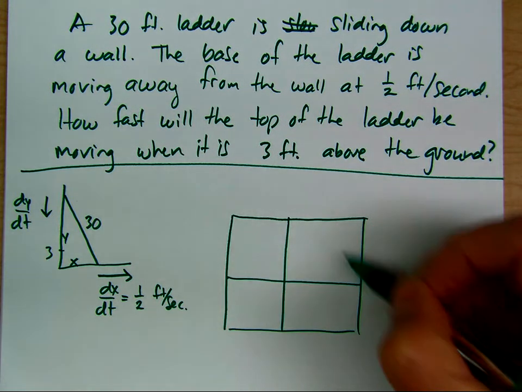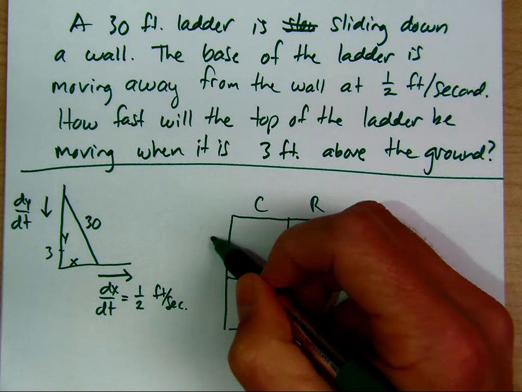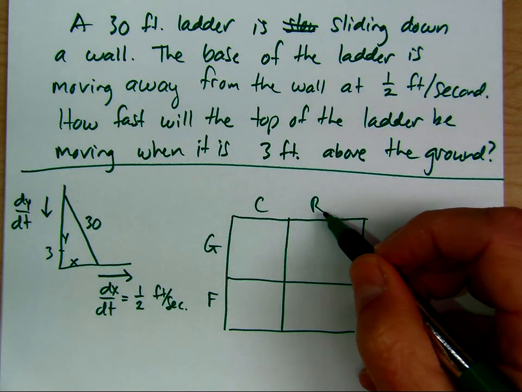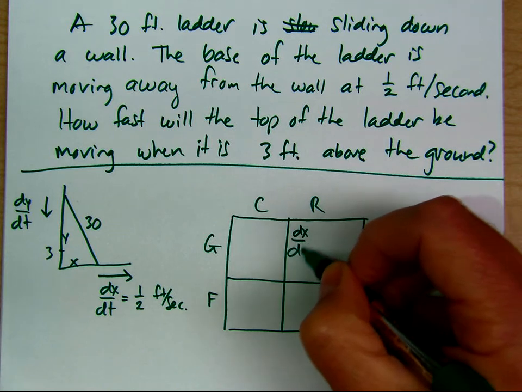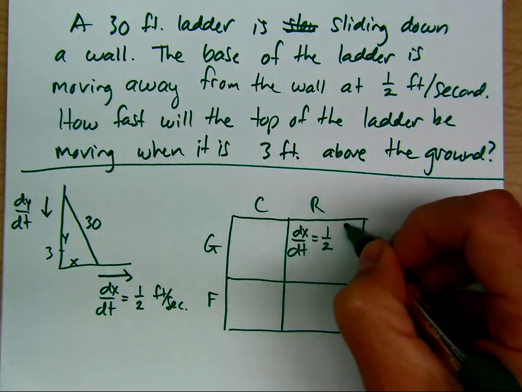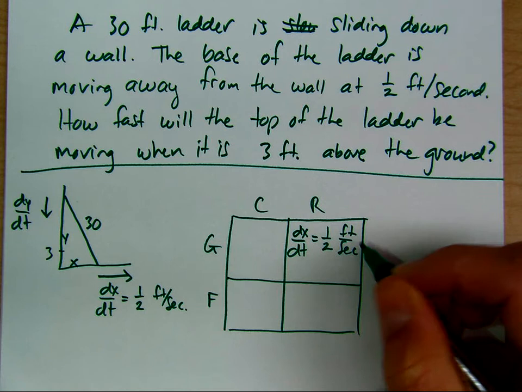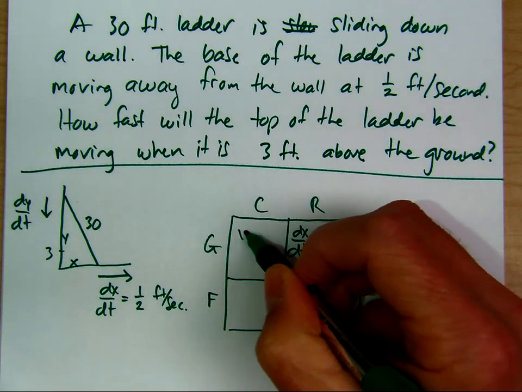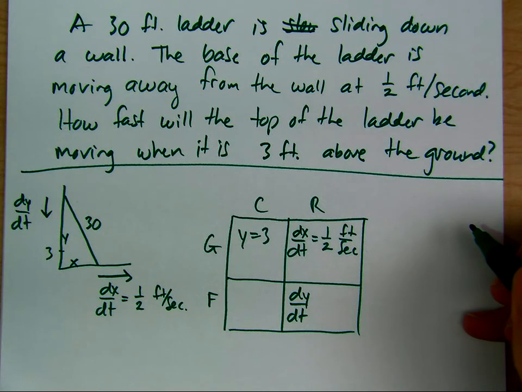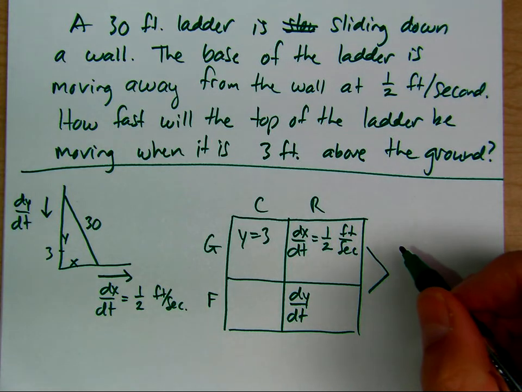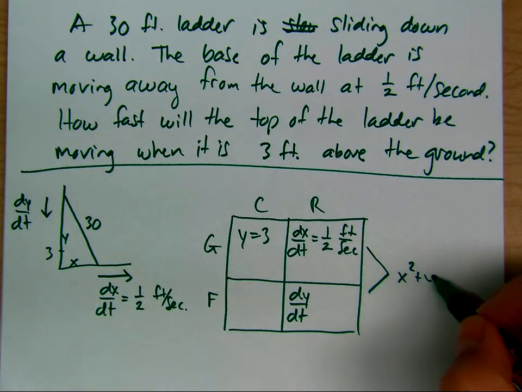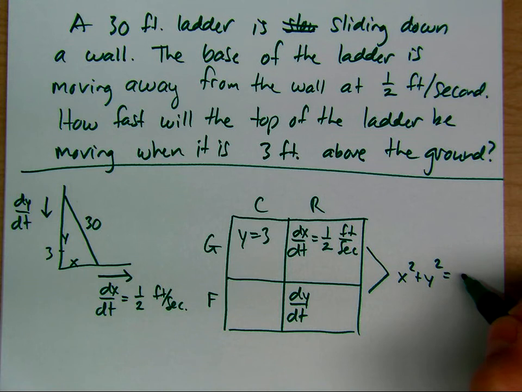We have a constant, a rate, given, find. So rates: we have dx/dt, 1/2 foot per second. We're going to find dy/dt when y equals 3, and x and y are related. The lengths x and y are related by x squared plus y squared equals 30 squared.